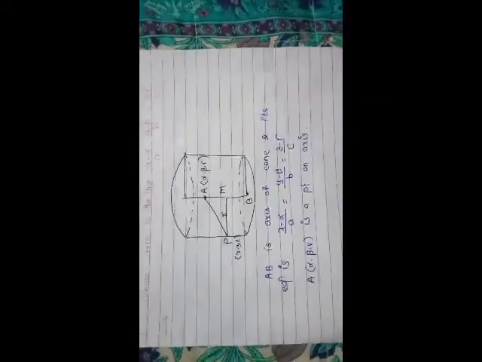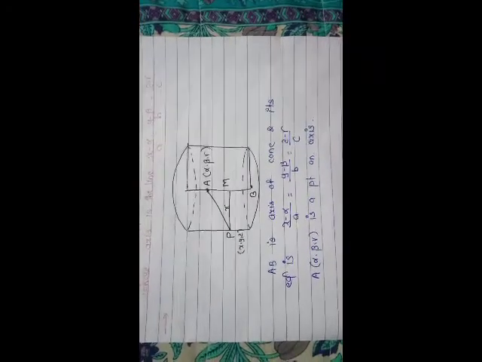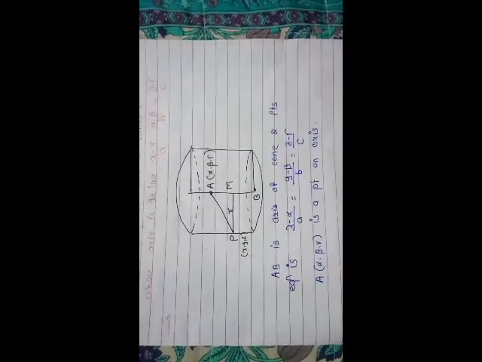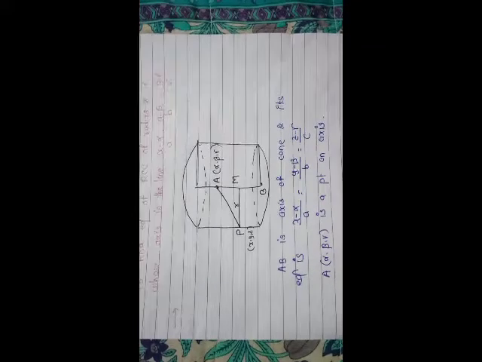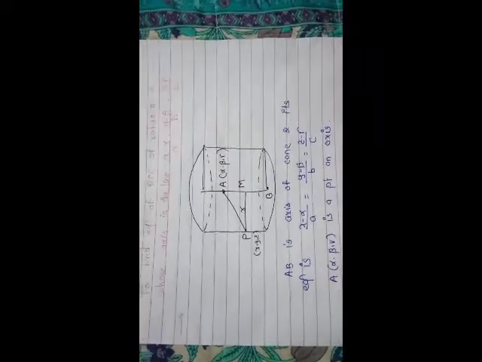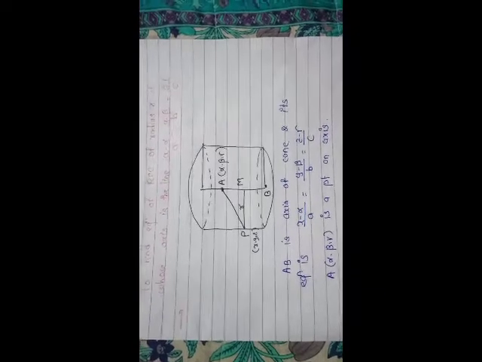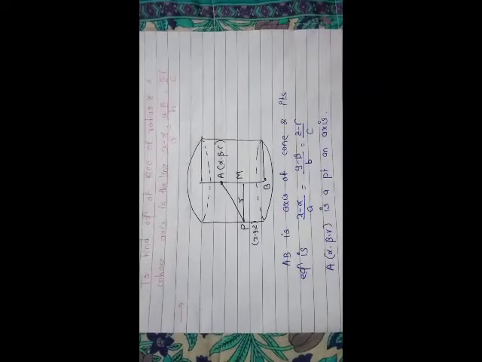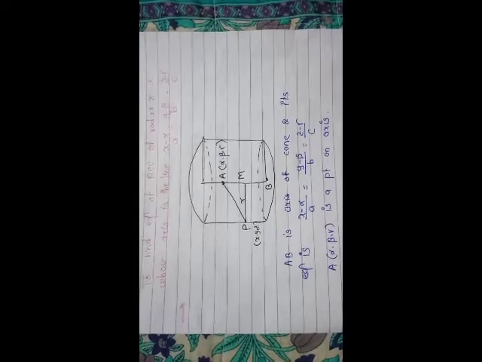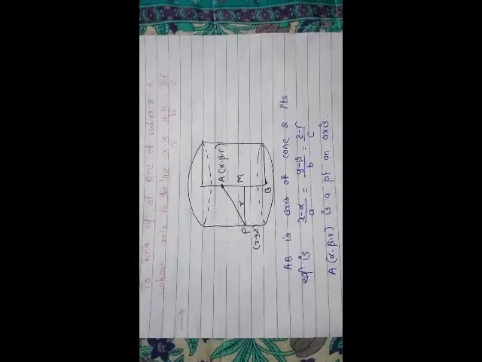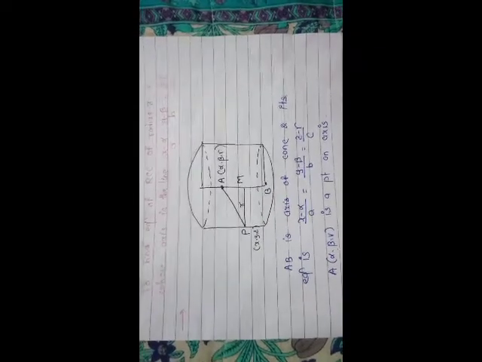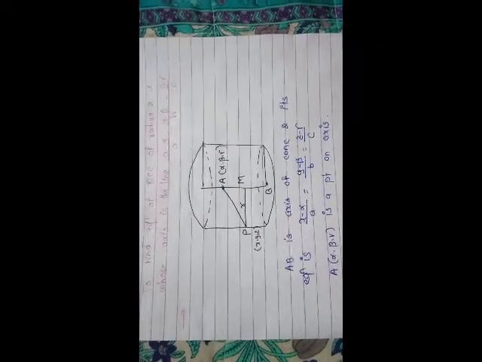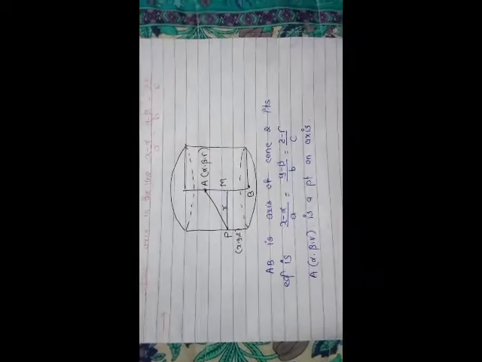So draw the cylinder and start like this. AB is the axis of the cylinder. Suppose P is any general point on the surface of the cylinder, therefore its coordinates are x, y, z. From point P, draw a perpendicular to the axis that will meet the axis at point M. So angle AMP is a right angle, and the triangle is a right-angled triangle.